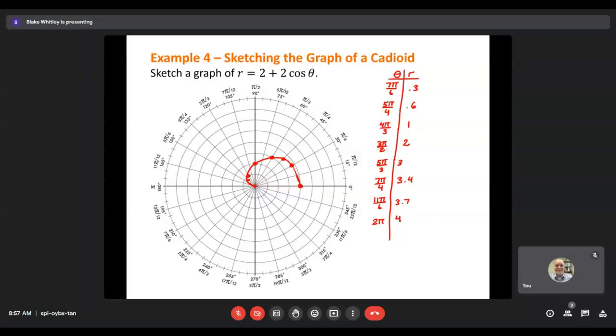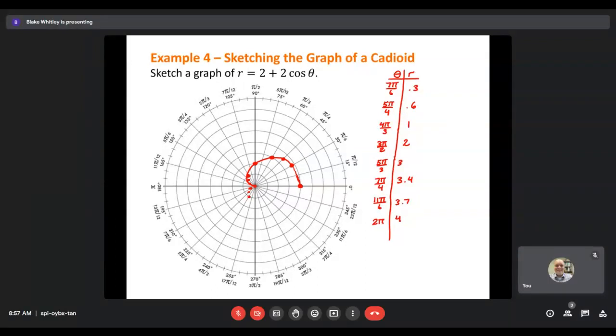All right, so let's plot these points now so we can see what's going on. So 7 pi over 6, we got 0.3. So let's find 7 pi over 6. And we have 0.3, which again is really close to the pole. 5 pi over 4, we get 0.6, so just slightly bigger. 4 pi over 3, we're finally out to 1.